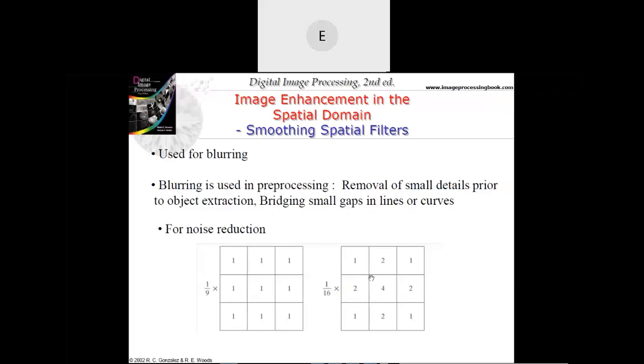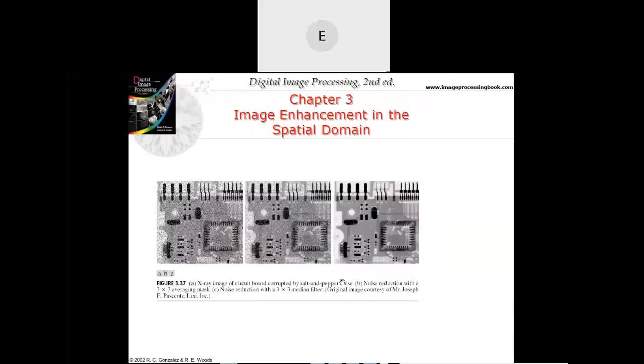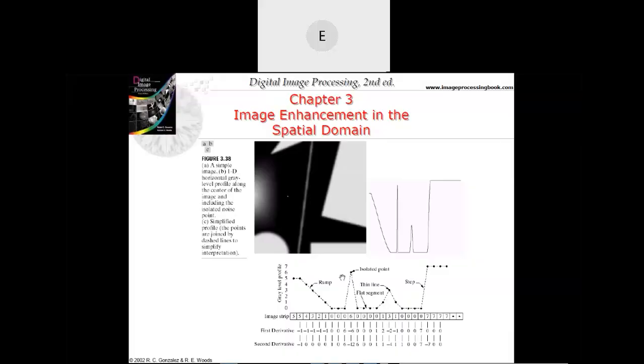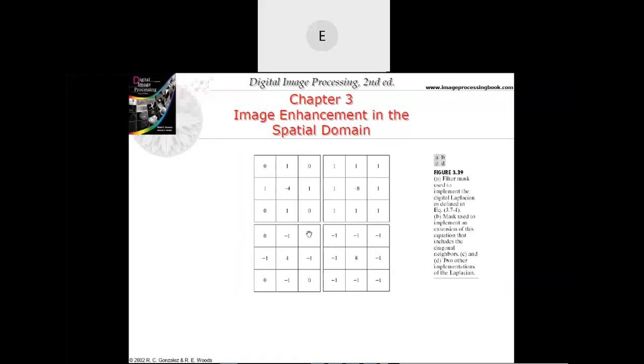Whereas in the case of a high pass filter, when I apply it on a smooth region, what will I expect? Can somebody comment? This is a high pass filter.